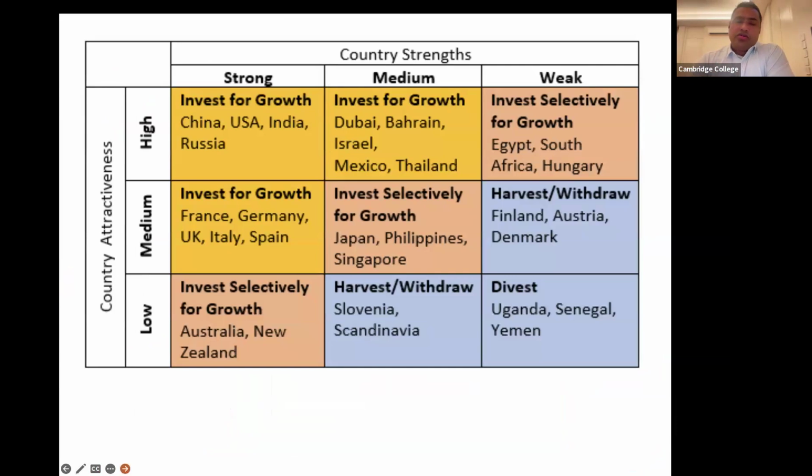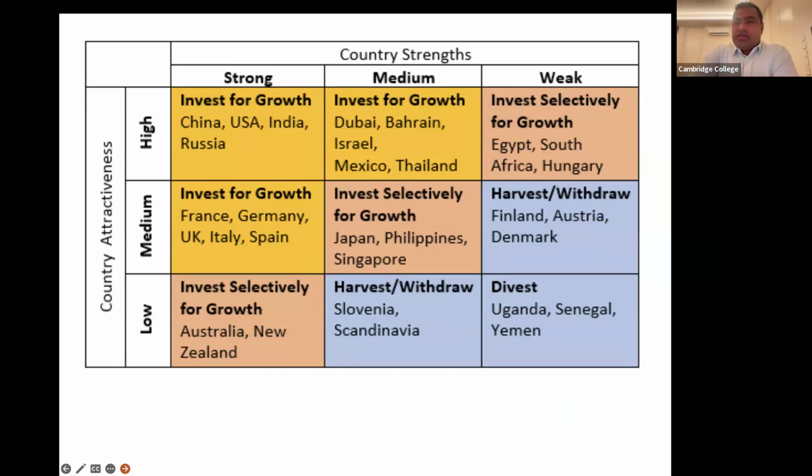right? So sometimes the case study talks a lot about different country markets that you operate in. So it will tell you the different growth markets, emerging markets. So you can prioritize those growth markets, high growth, medium growth, low growth, where to withdraw, where to harvest, where to divest.